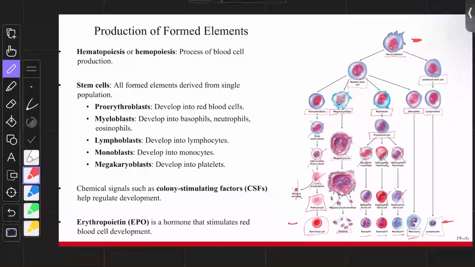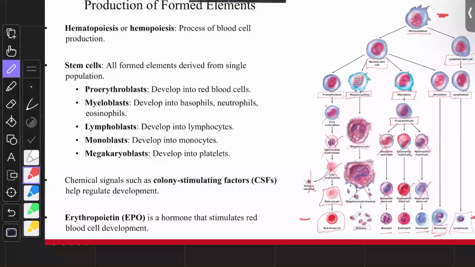Let's see. Colony stimulating factors. This is one of those concepts that I could spend days and days on, but I'm not going to. It will come up again later. If you take immunology with Dr. Buck, I'm willing to bet he will spend some time on it. Colony stimulating factors relate to the differentiation of those white blood cells.